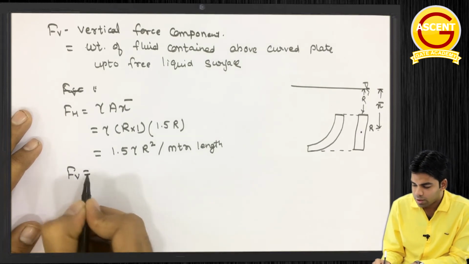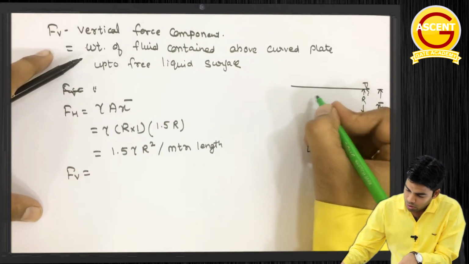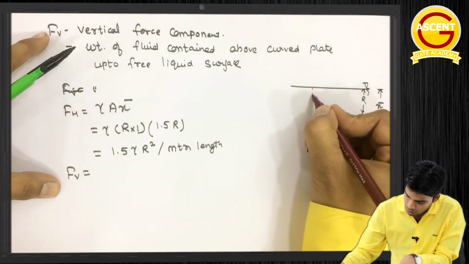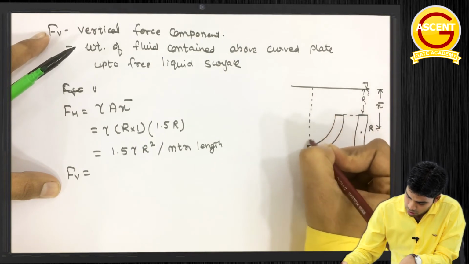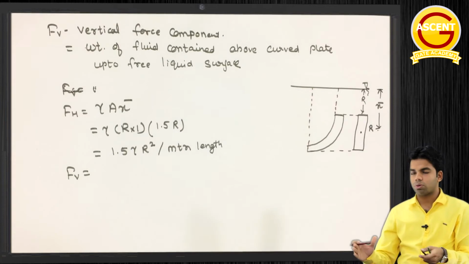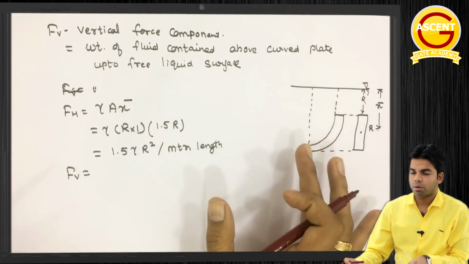So how can we determine this vertical force? Vertical force, as I told you, we have to determine the total weight of this portion. Okay, so in order to determine the total force or total weight of the liquid in this portion, first we will have to determine the volume of this portion.